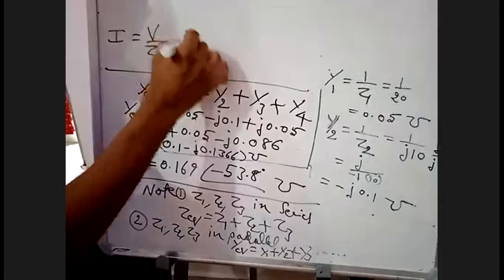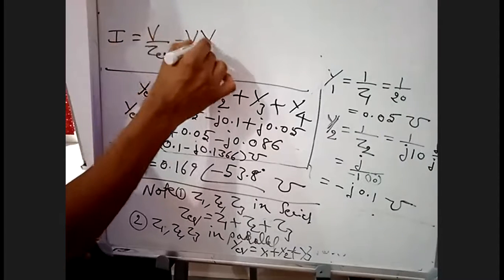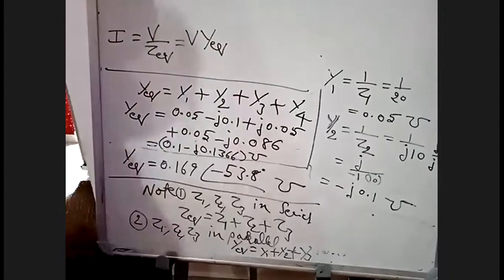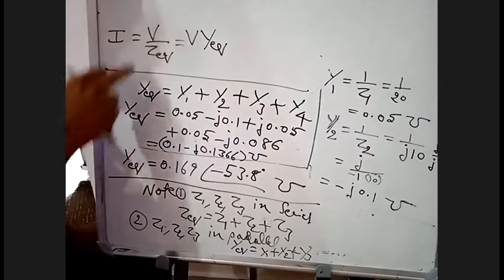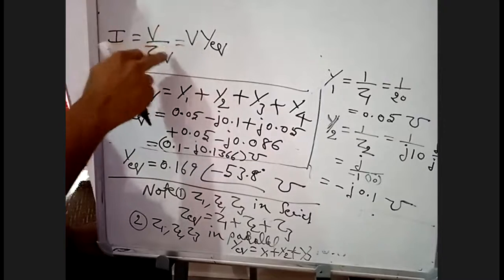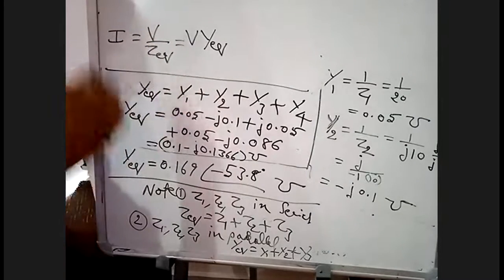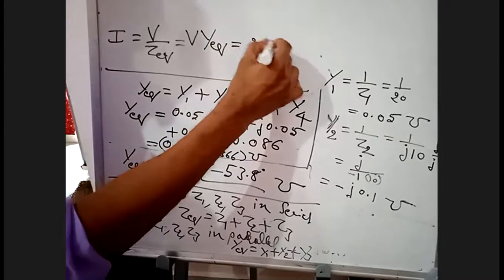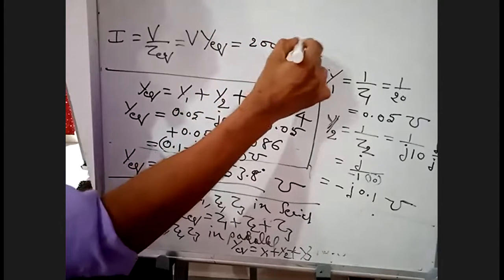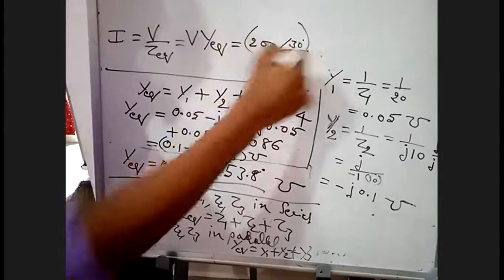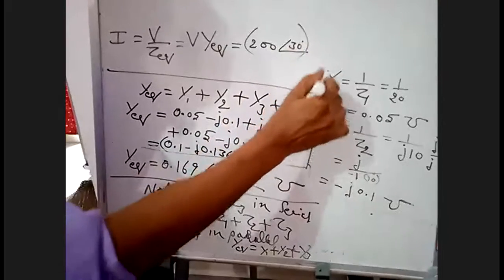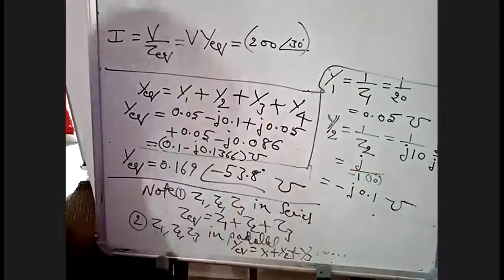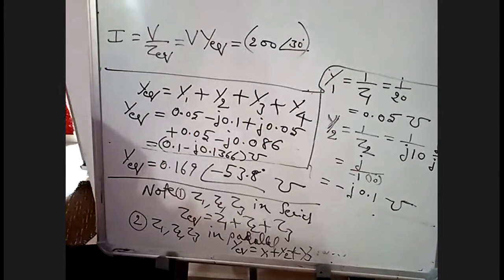This can be written as 1 by Z equivalent is Y equivalent. 1 by Z is Y, Y is equal to 1 by Z. Now what is V given in the problem? What is the voltage given? 200 at an angle 30. What is the Y value you got?